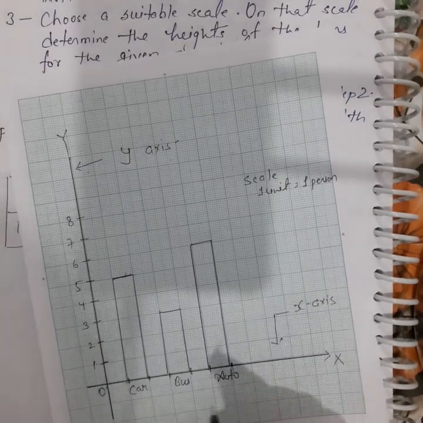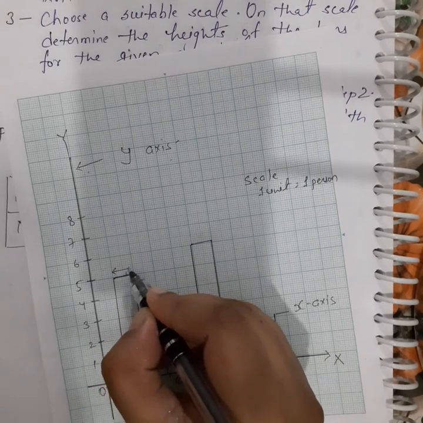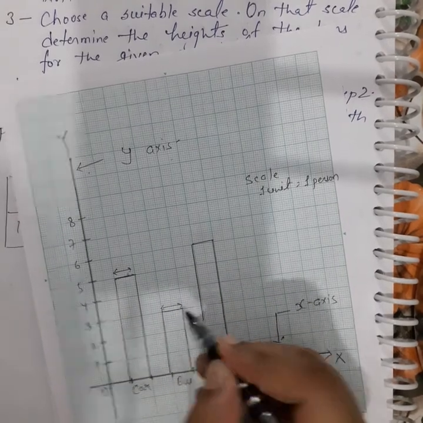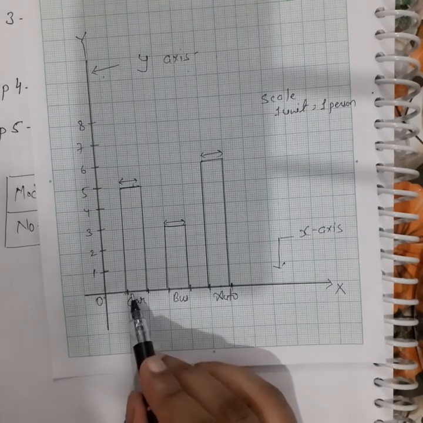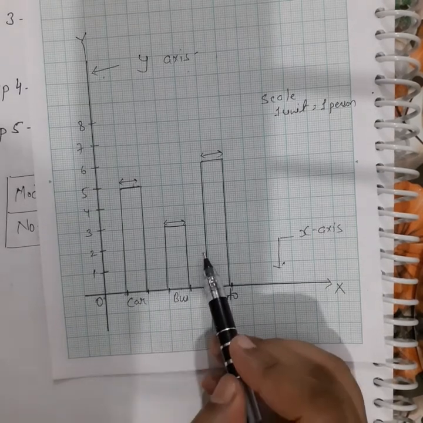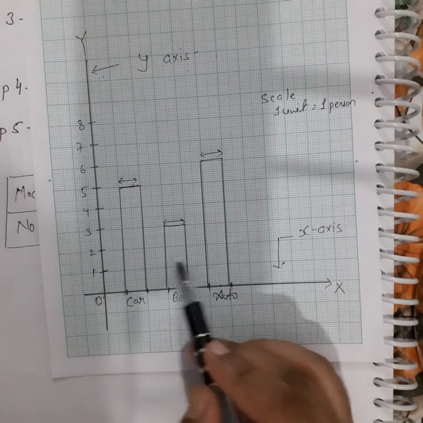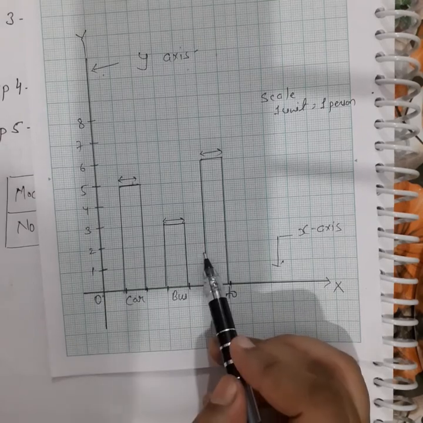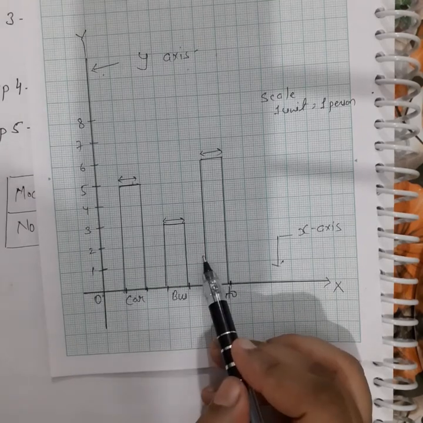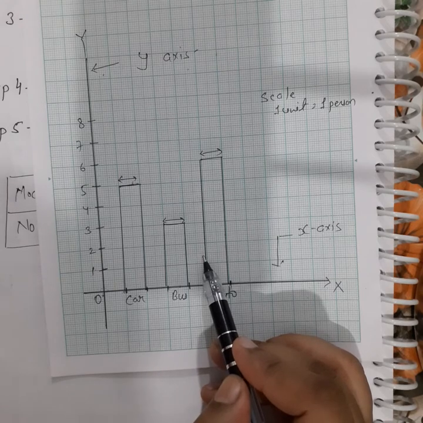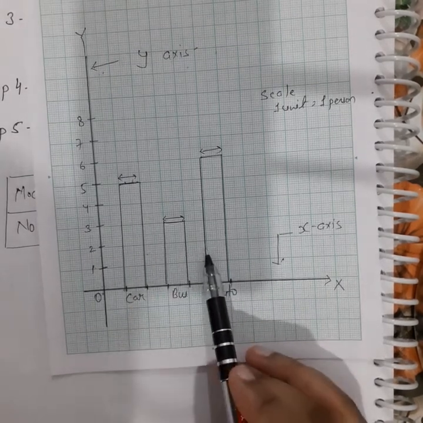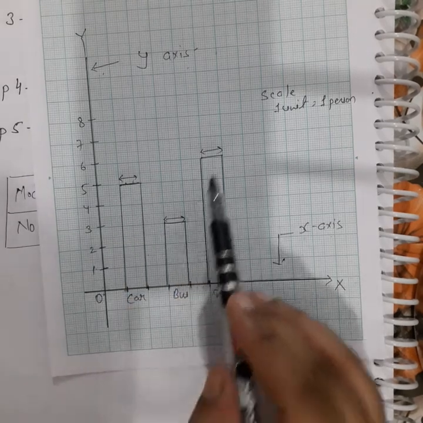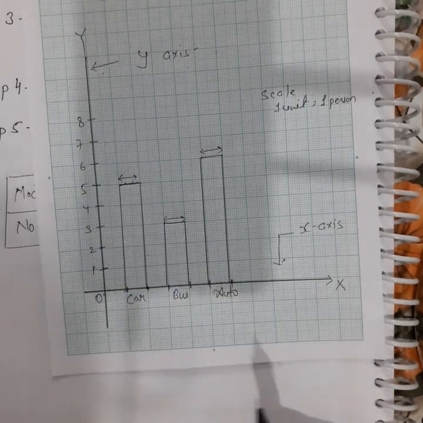Now we see here the width of each bar should be equal, that we take here 1 unit, and we leave equal space between consecutive bars, that is 1 unit. So you have to keep in mind that the space between the consecutive bars should be equal and the width of the bars should also be equal.